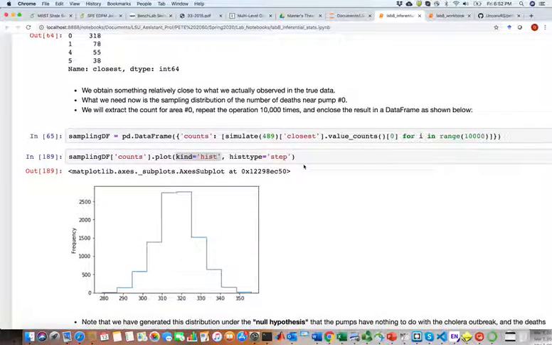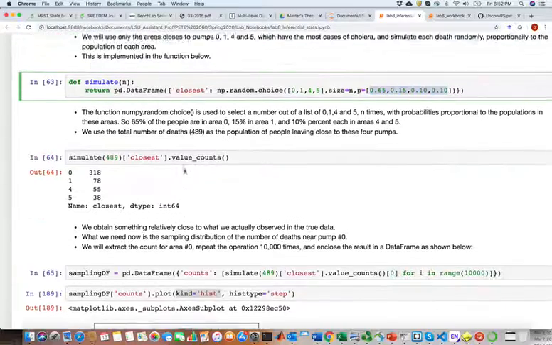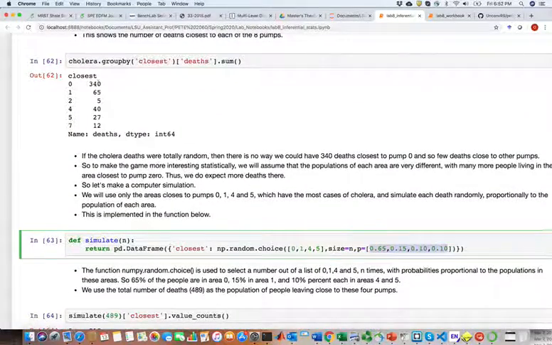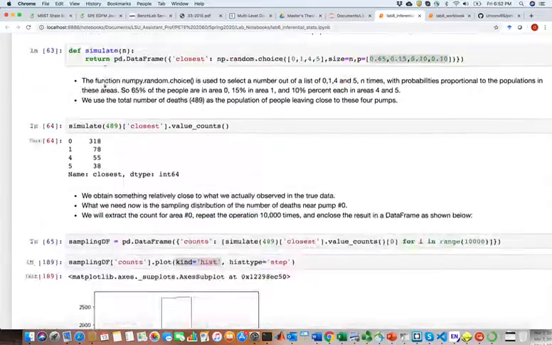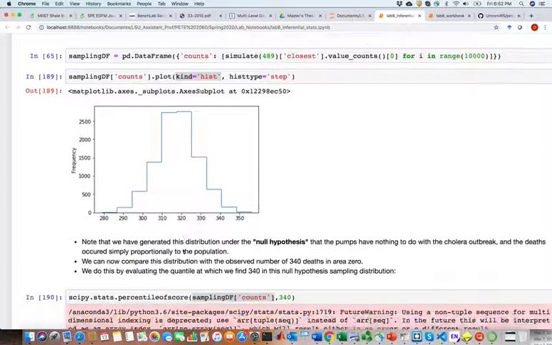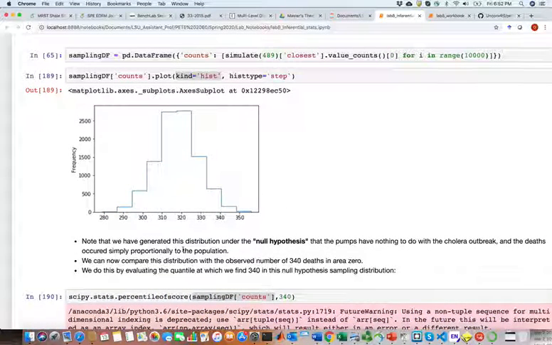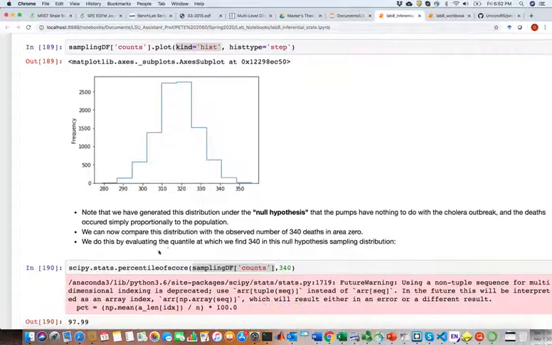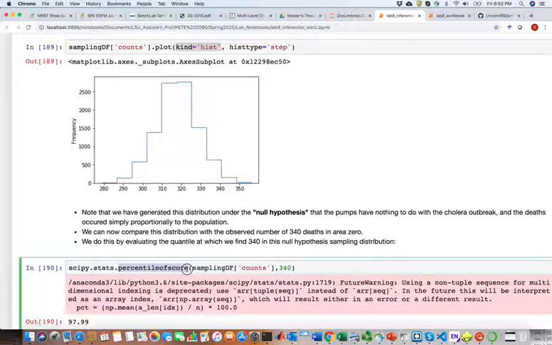And now the question is, where does the actual number of deaths, 340, show up in this probabilistic distribution? So how do we figure that out? Percentile of score, which we discussed in topic 6, right?